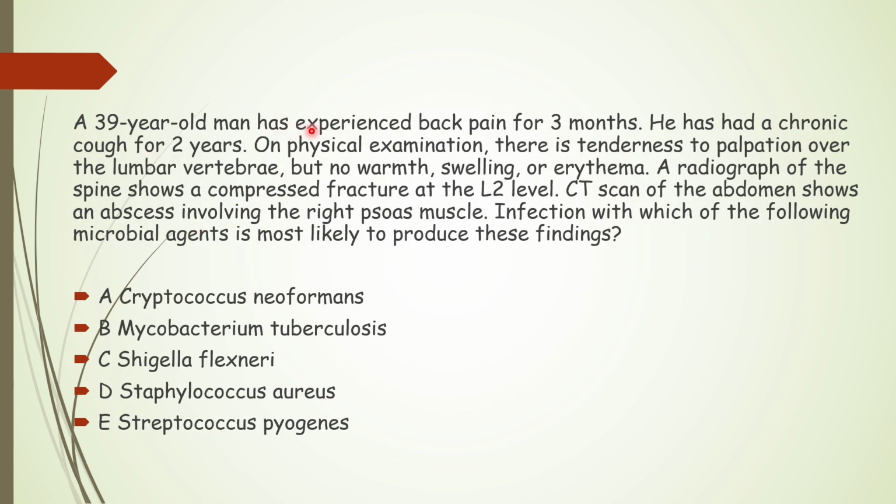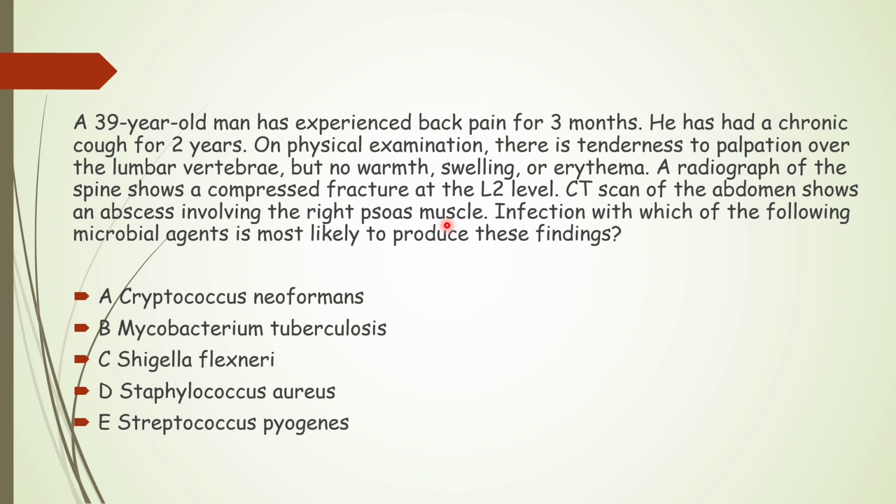A 39-year-old man has experienced back pain for 3 months and chronic cough for 2 years. On physical examination, there is tenderness to palpation over the lumbar vertebra, but no warmth. See, the active sign of inflammation is not present, but tenderness is present over the vertebra. X-ray shows a compression fracture, and CT scan of the abdomen shows an abscess involving the psoas muscle.